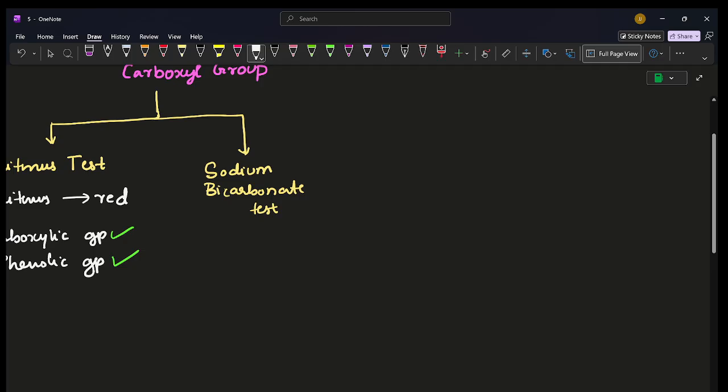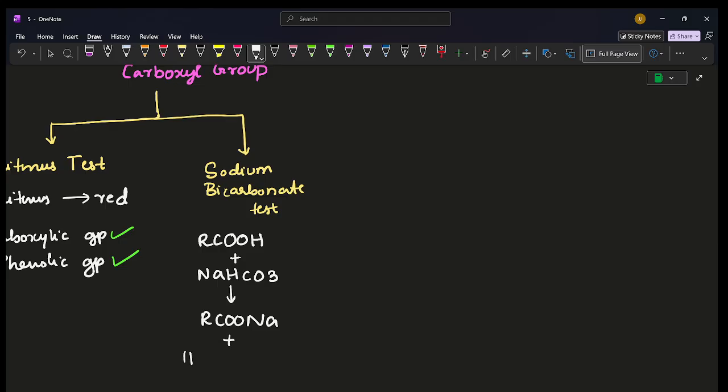So the reaction goes like, for an acid, if you add any NaHCO3, you're going to get RCOONa, H2O and CO2. Cool.